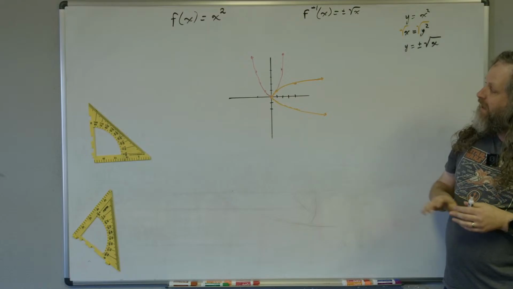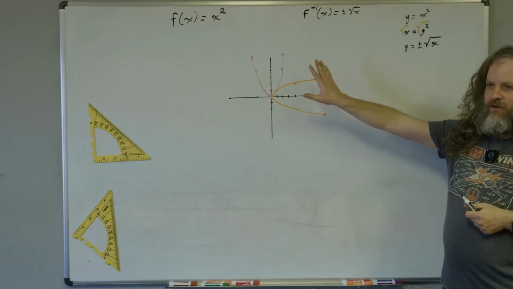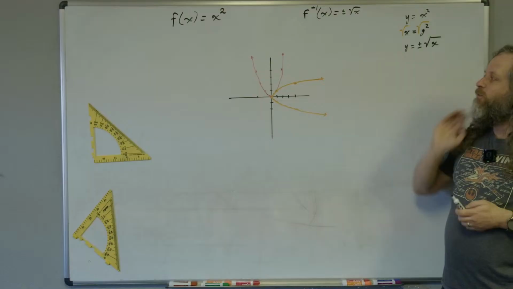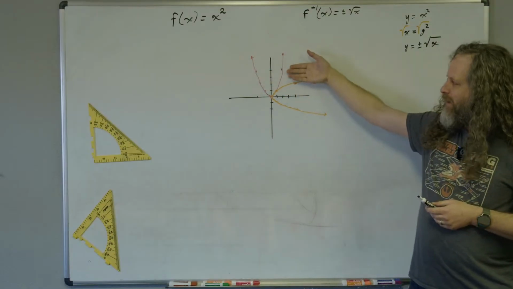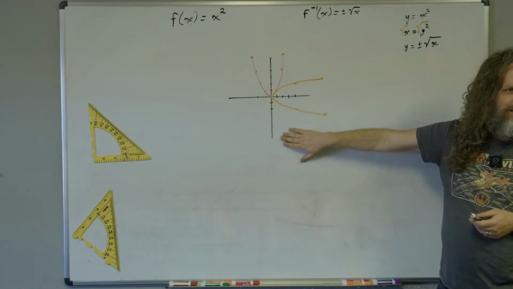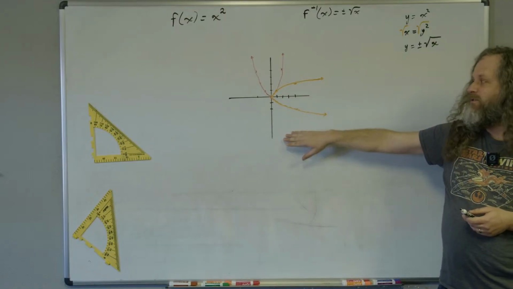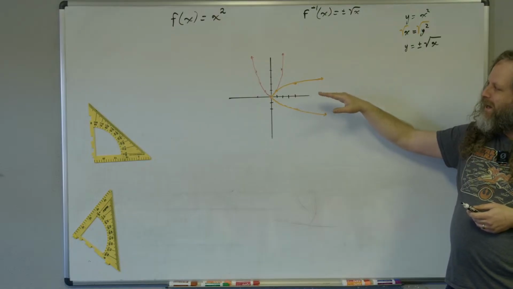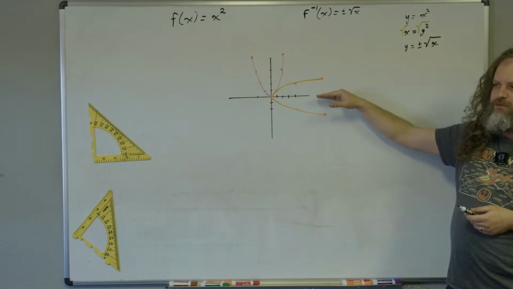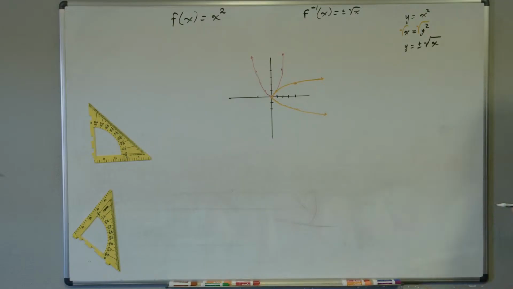What happens is the inverse on a graph takes and reflects the original. Now, you might be thinking, well, if it reflected it, wouldn't it be down there? You'd be right if it was reflecting over the x-axis, but that's not what it's reflecting over. Can somebody make a guess, what do you think it's reflecting over? No, not quadrant. Quadrants is just like the map.